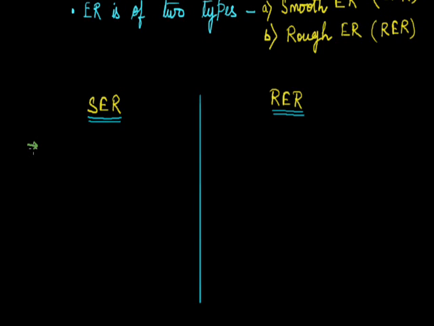The first difference lies in the type of component present. In case of SER, it is made up mainly of the tubules, whereas the RER is made up of either the cisternae or the vesicles or both.